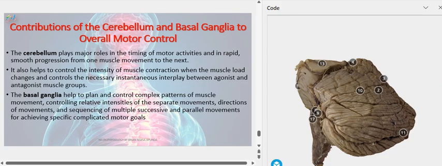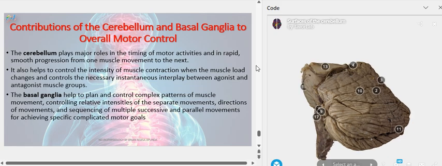If you take off the cerebrum, this is what will remain, representing the cerebellum. Just like the cerebrum, this cerebellum is also divided into hemispheres, that is the right and the left.